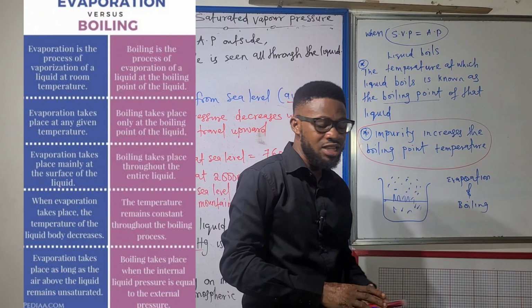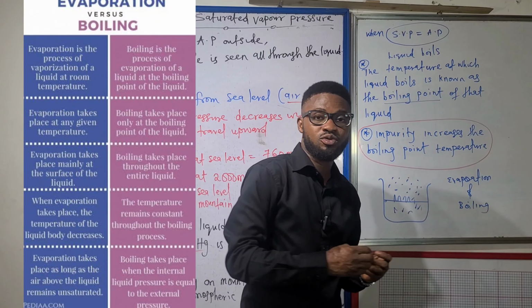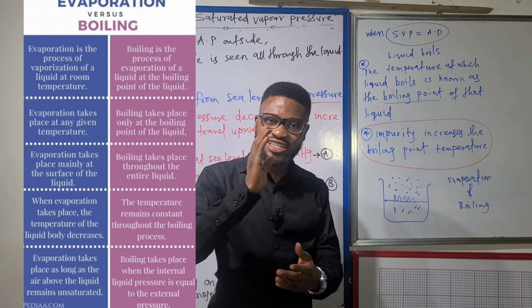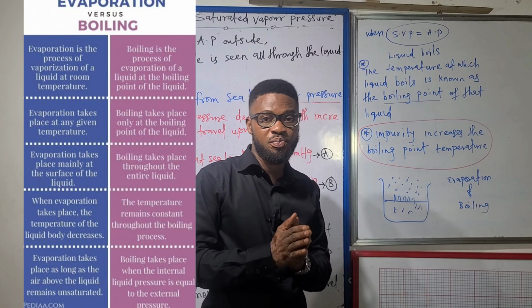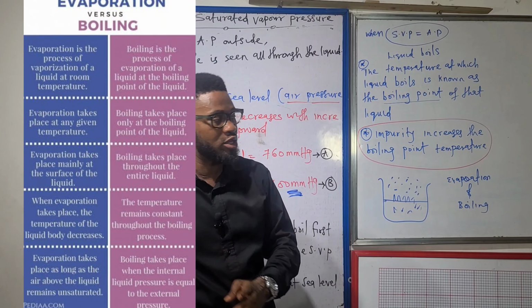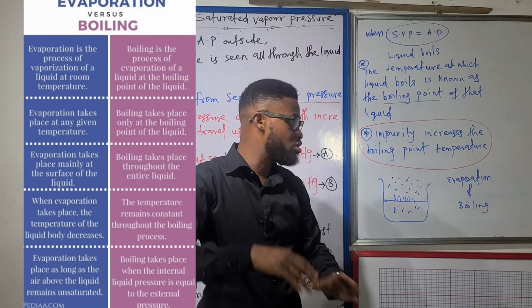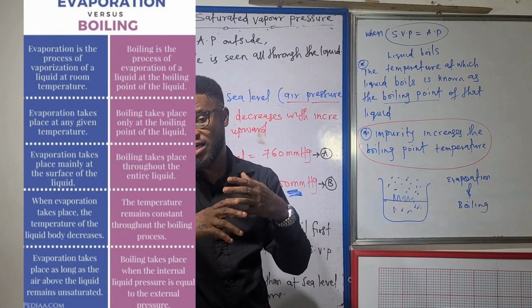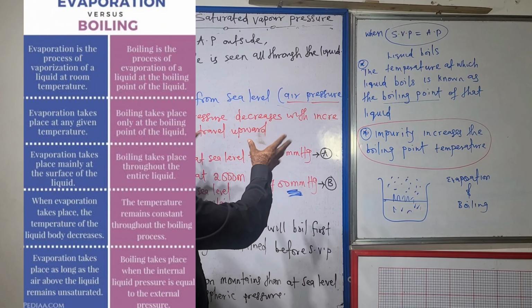For evaporation, all that is needed is for the liquid particles to have acquired enough kinetic energy. But in the case of boiling, it takes place at the boiling point temperature when saturated vapor pressure equals the atmospheric pressure. Evaporation takes place at the surface of the liquid, whereas boiling takes place all over the liquid. So these are many more of the things we need to know.